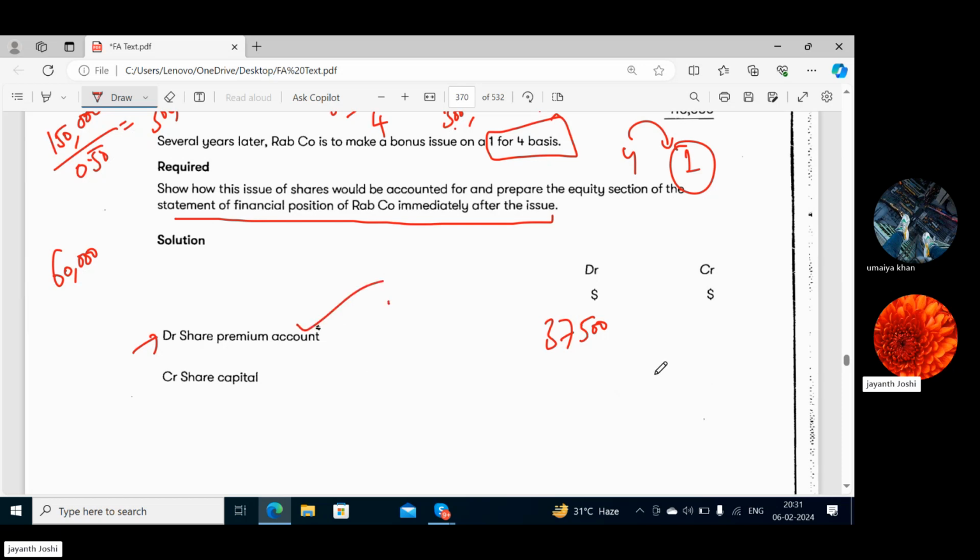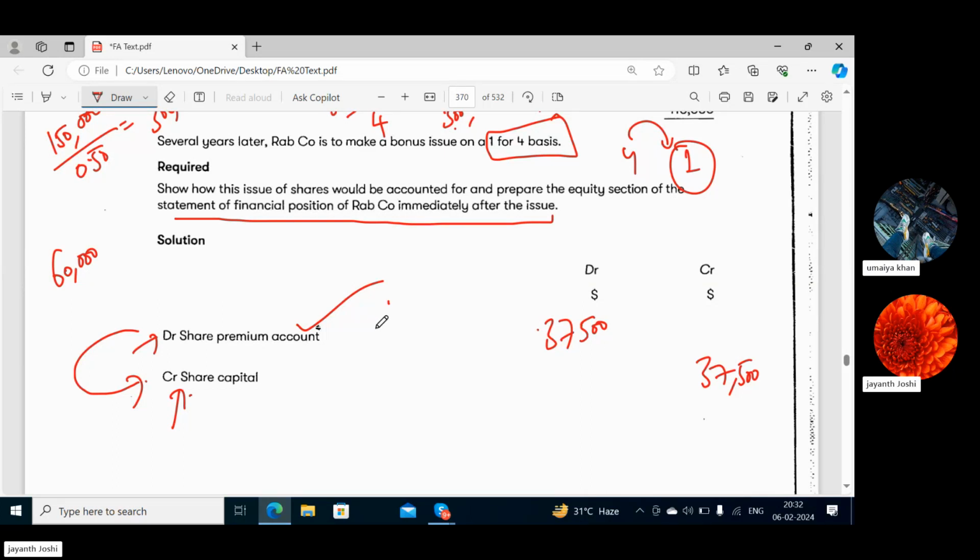And from this account we will be removing this and we will be crediting which account? Share capital account. Because the bonus shares are shares, right? They will be added to share capital account.